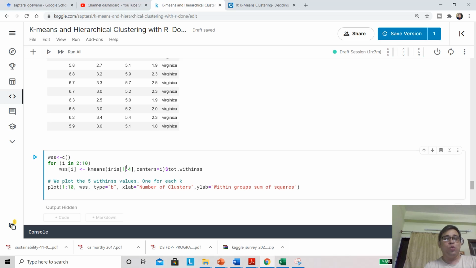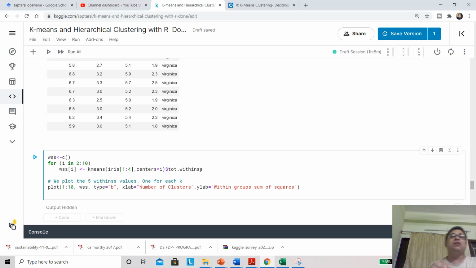So what I'm going to do is ignore the flower attribute and use the first four columns. So 1:4 actually tells you that we are taking the first four columns, and we are going to take a vector, initialize it, and then run a loop from 2 to 10, and we are going to store the total within sum of squares. Why are we doing that?